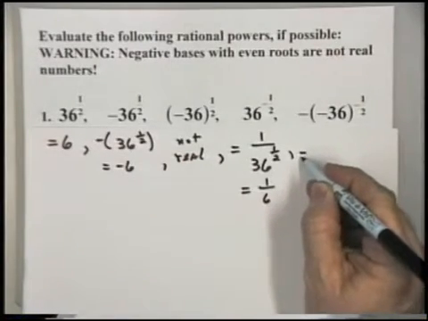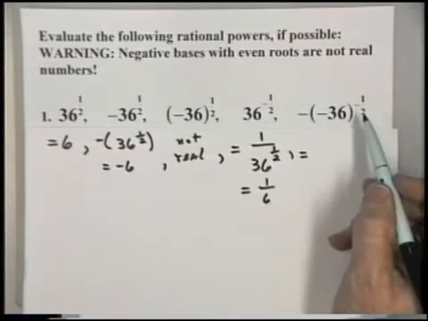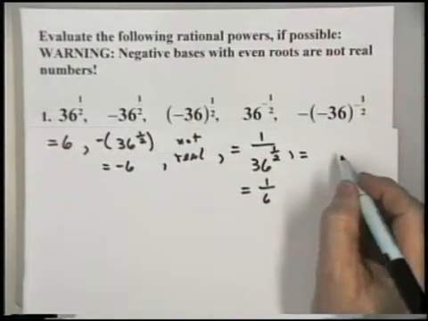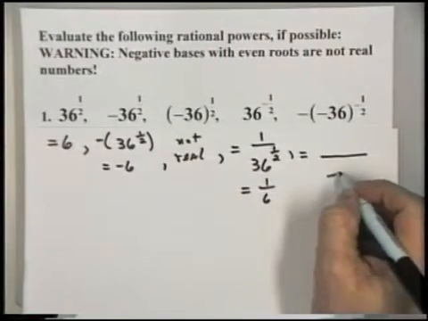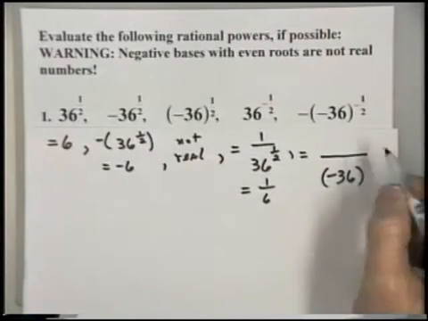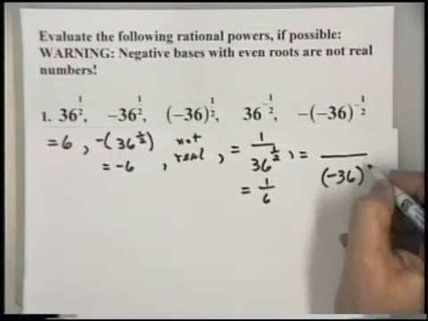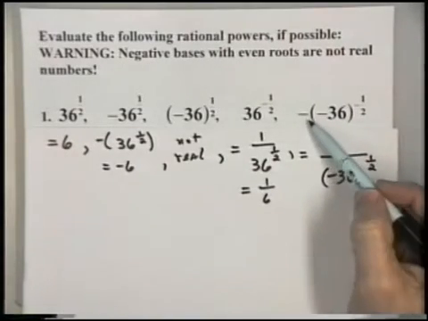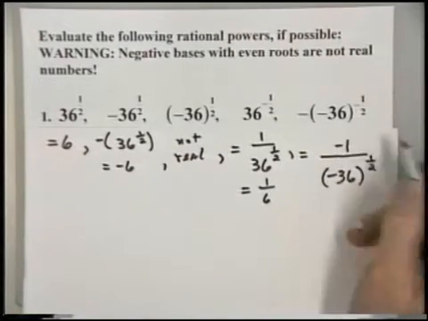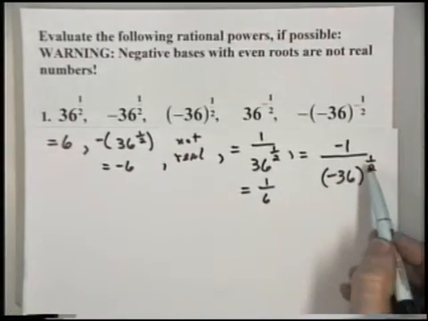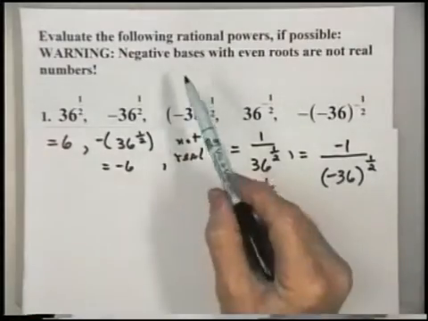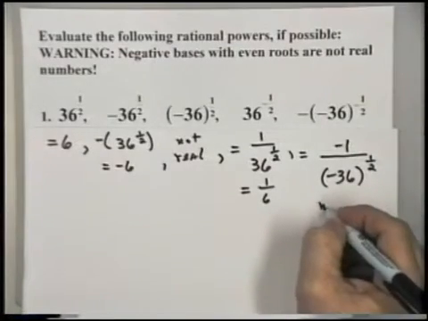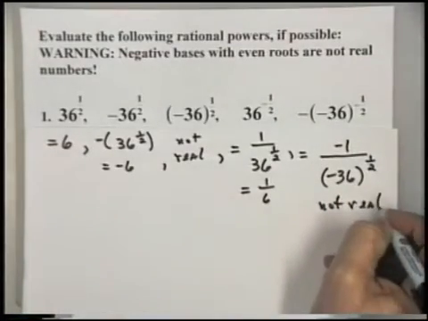So, it might be worth making at least one try at evaluating this by doing the same thing we did previously, and that's getting rid of the negative exponent, which we can do, because we can put that base, which is negative 36, in the denominator, raised to the negative of that, which would be 1/2. And notice, the negative sign out front didn't move. It's still up there, but it doesn't really matter. What we have sitting down here is not a real number. Negative base with an even root is not a real number. So the whole thing is not real.